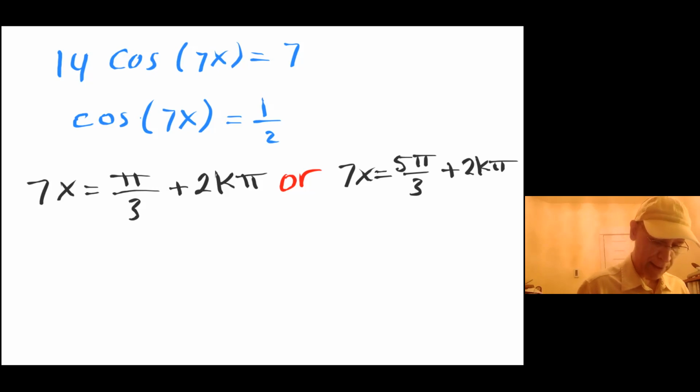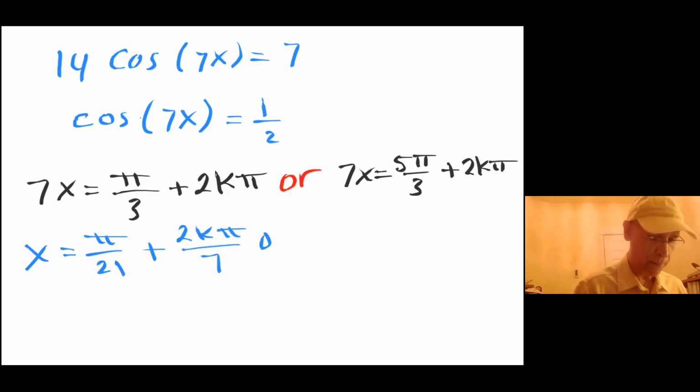Now I have x equals pi over 21 plus 2k pi over 7, or x equals 5 pi over 21 plus 2k pi over 7.